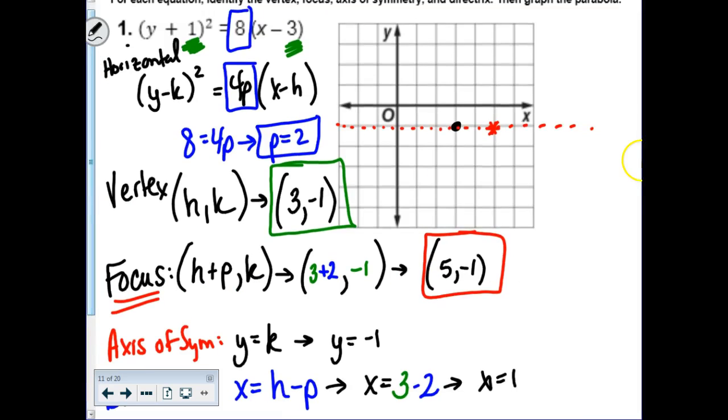So I'm going to draw a line at x equals 1. And at this point, I should be noticing some really cool symmetry. Remember, the p-value of 2 is the distance from the vertex to the focus, or it's the distance from the vertex back to the directrix. So there should be some symmetry happening here with that p-value of 2.